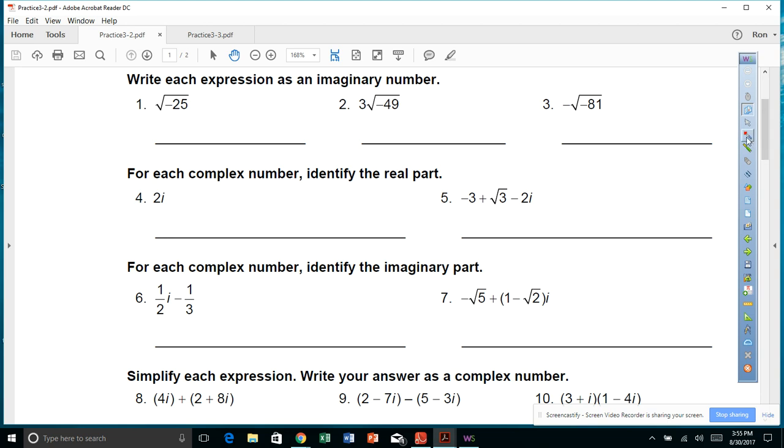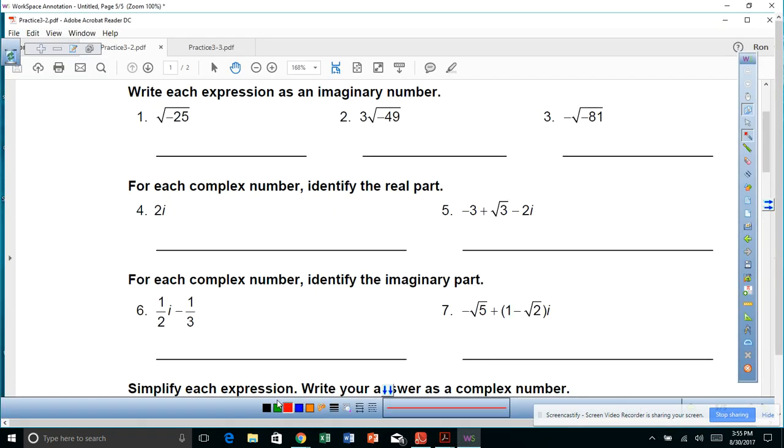Okay, so the square root of negative 25, that's going to be the square root of negative 1 times 25. Well, the square root of 25 is 5, and the square root of negative 1 is i. Not a problem. What about here? Number 2, 3 times the square root of, it's going to be negative 1 times 49.